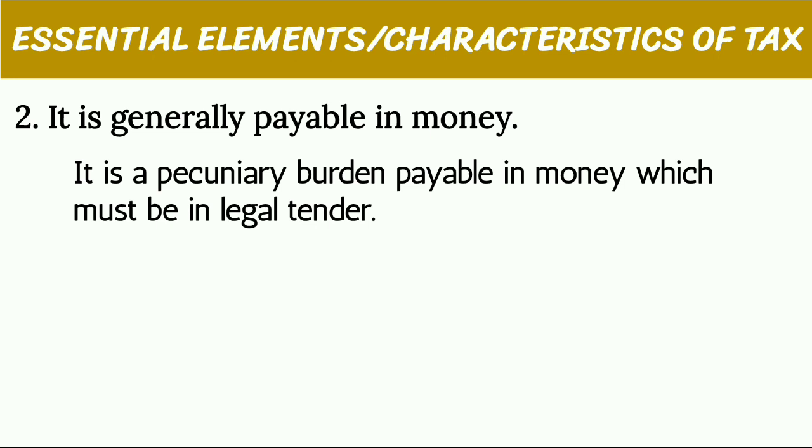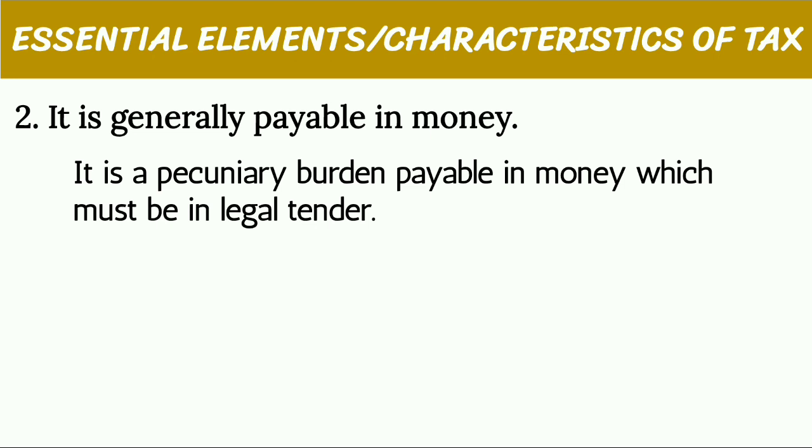Kasi for example, kung property ang ibabayad ng taxpayers, kailangan pa yung ibenta ng government. So dapat nakakonsentrate ang tax authorities sa pangongolekta ng taxes at hindi sa pagbebenta ng mga ibinayad sa kanila ng taxpayers. Kaya generally payable in money.